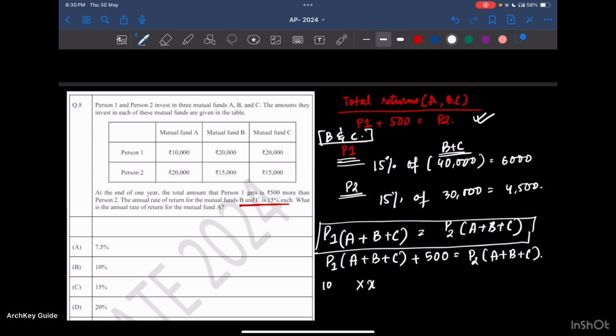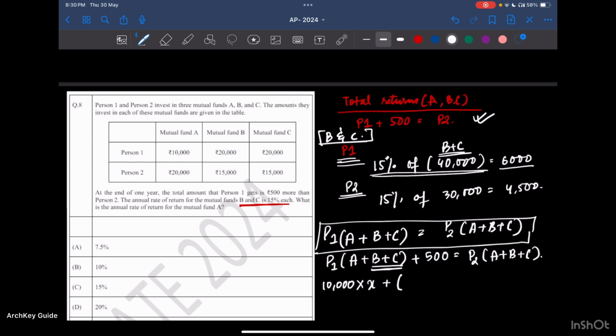The amount is 10,000. How much return percentage? We have no idea. Plus this. We could directly write this, but since we have already calculated, I'm still going to write the whole of the equation just for your understanding.